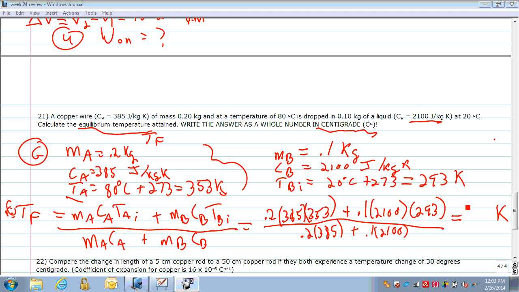If you do this correctly, the answer in Kelvin is 309. Remember it said rounded off to the nearest whole number, so in Kelvin it's 309. You have to subtract 273 to get it back into Celsius, which would make it 36 Celsius.